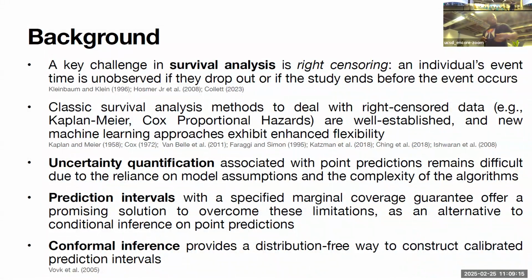Prediction intervals, with a specified marginal coverage guarantee, offer a promising solution to overcome some of these limitations as an alternative to conditional inference on point prediction. So I'm going to focus on this idea of building a prediction interval for the time to event outcome of a given person, potentially subject to censoring.